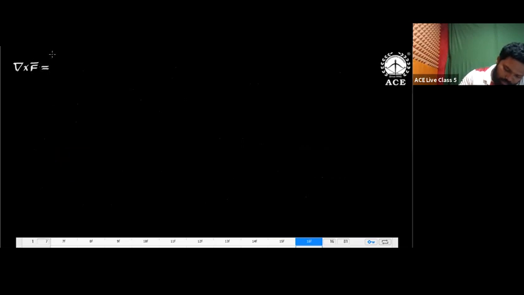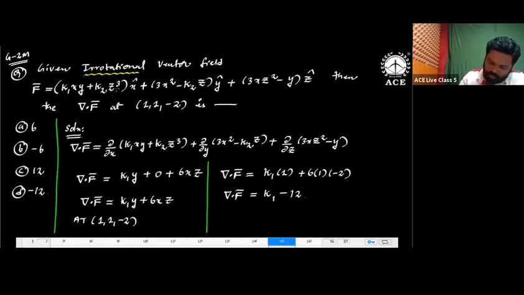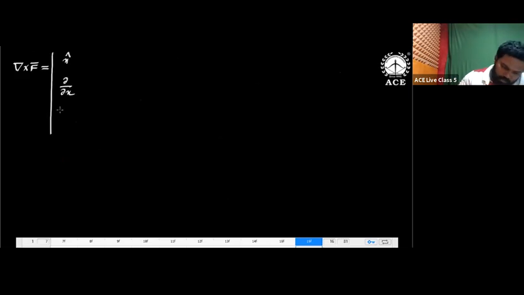Curl of F: x cap, ∂/∂x component. What is the x component? This is the x component, K1·xy plus K2·z³.